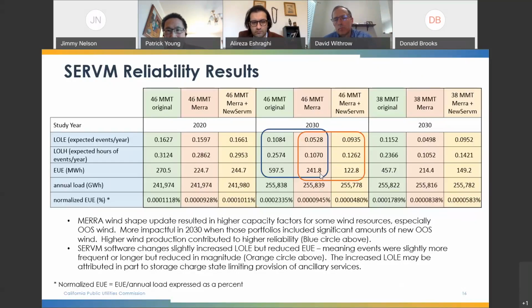Okay, my confusion is I would expect, the 2020 results where all three of the reliability metrics point in the same direction. The 2031 seems odd, that LOLE goes up, LOLH goes up, but EUE goes down.